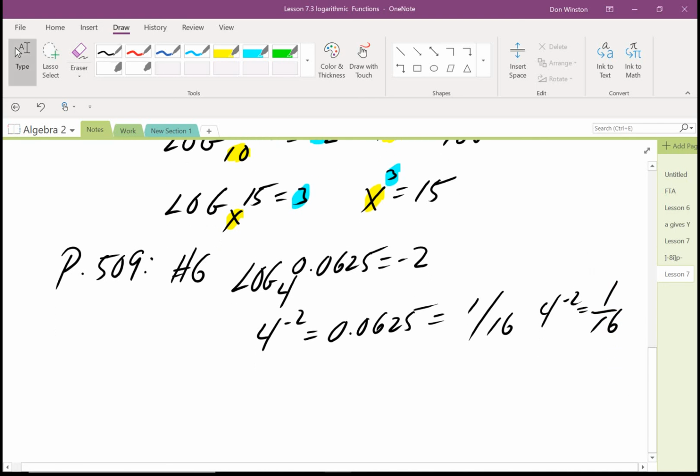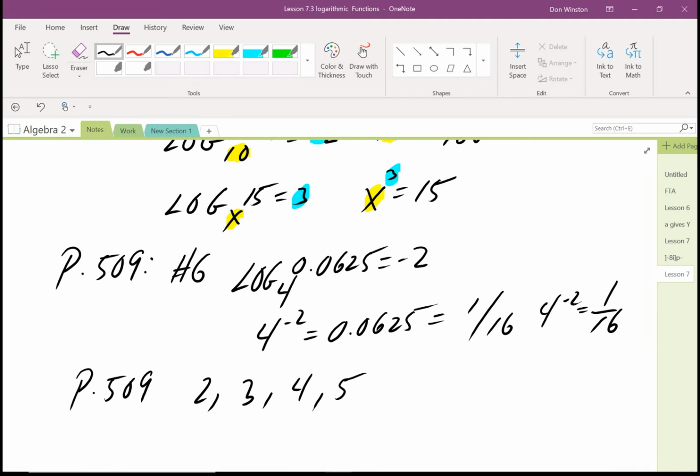Okay, so get some practice doing that. On page 509, I want you to do 2, 3, 4, 5, 7 through 11, and I want you to do 17 through 28.